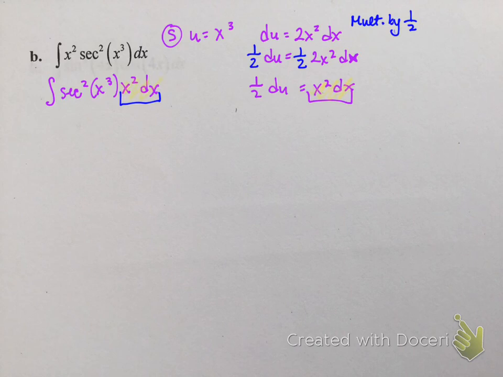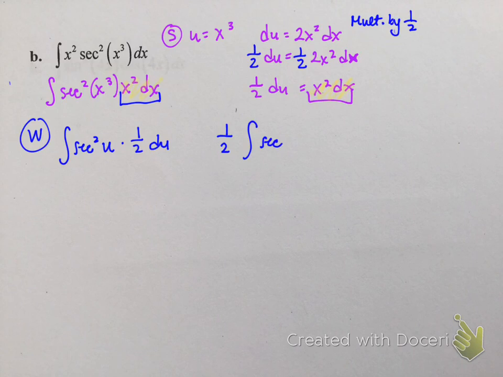Okay? So I can use the substitution to rewrite the original equation. So we're going to integrate secant squared u, and then x squared dx becomes 1/3 du. Okay? I'm going to bring the 1/3 out, and then my next step is to integrate secant squared u du.